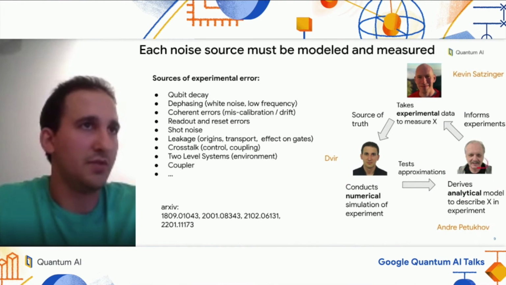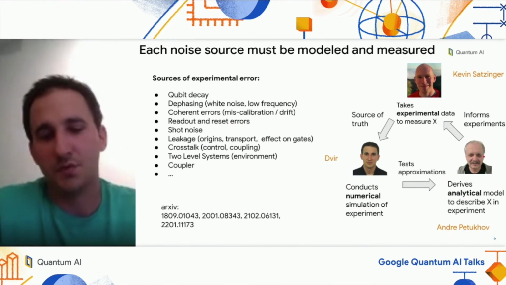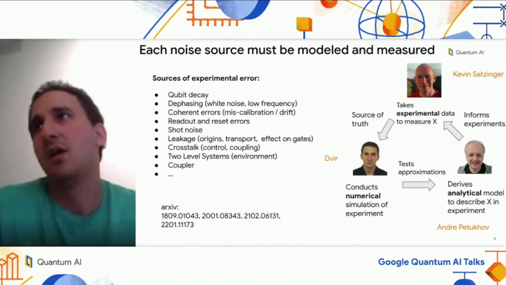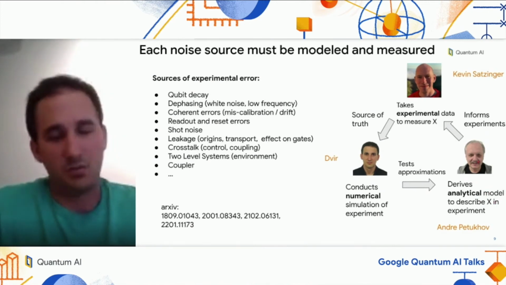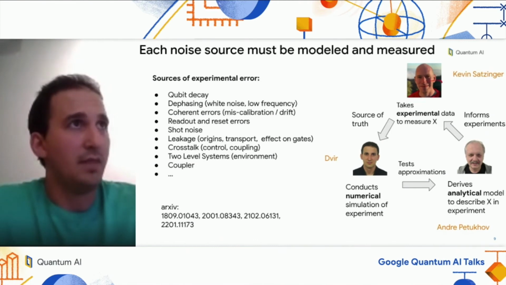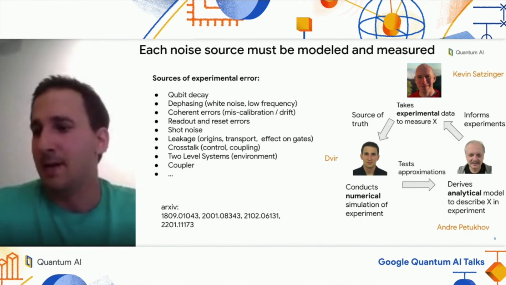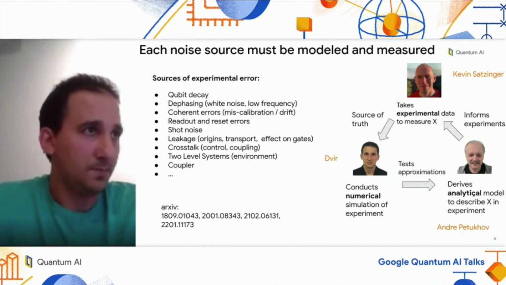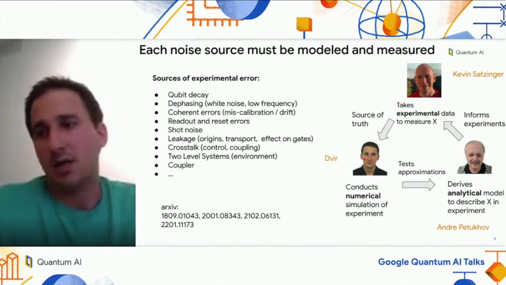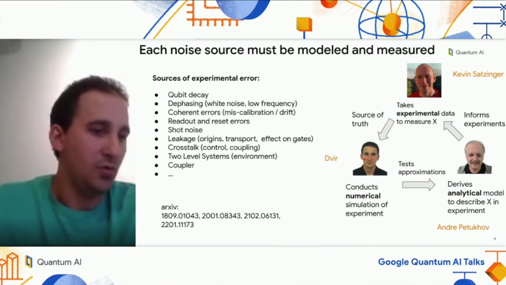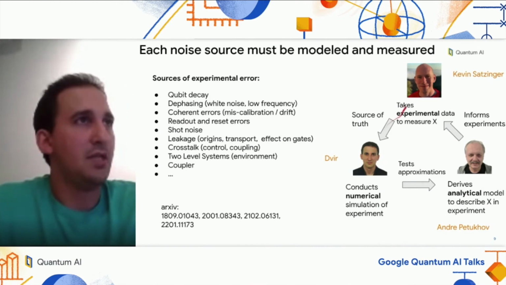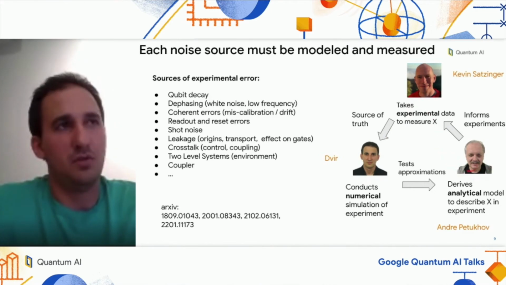You might start with a theorist like Andre, who wants to model the effect of error mechanism X. He comes up with an efficient description that will eventually produce Kraus operators. Then experimentalists like Kevin will conduct experiments to actually test the predictions of this model. And finally, we will have someone like me who implements that model numerically in an efficient way to compare the experimental results to the analytical predictions.